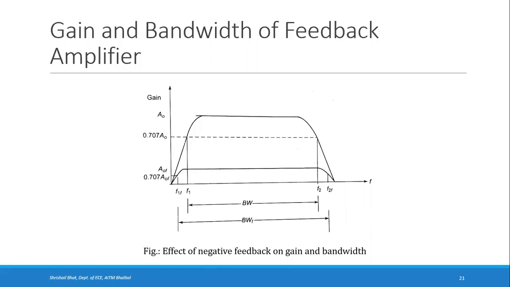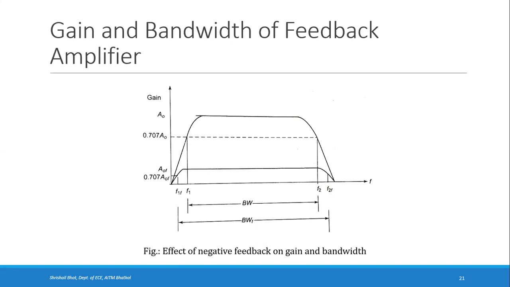Minus 3 dB means you get half of the maximum power. Minus 3 dB is actually dividing by root 2, or multiplying by 1 divided by root 2.